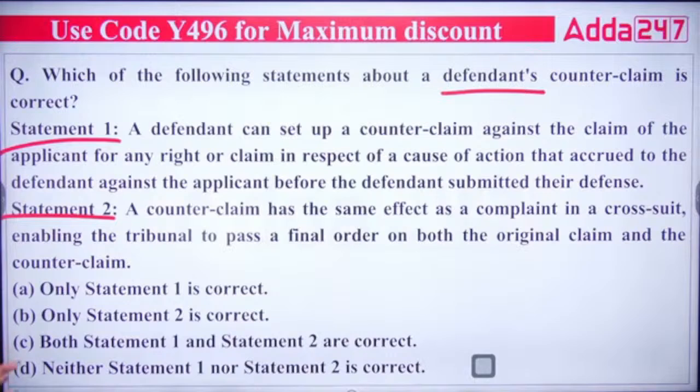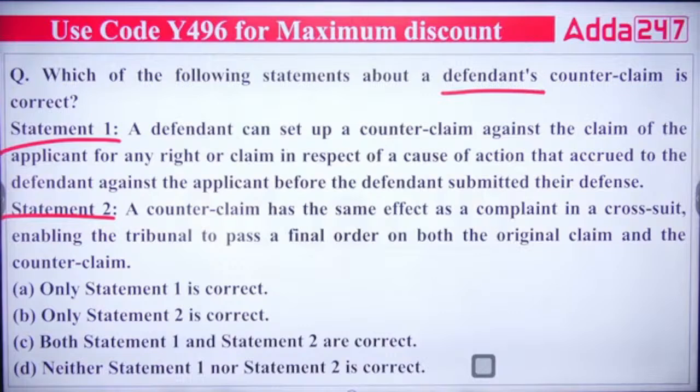Statement 1 is saying a defendant can set up a counter claim against the claim of the applicant for any right or claim in respect of a cause of action that occurred to the defendant against the applicant before the defendant submitted their defense. Second is saying a counter claim has the same effect as a complaint in a cross suit, enabling the tribunal to pass a final order on both the original claims and the counter claims.